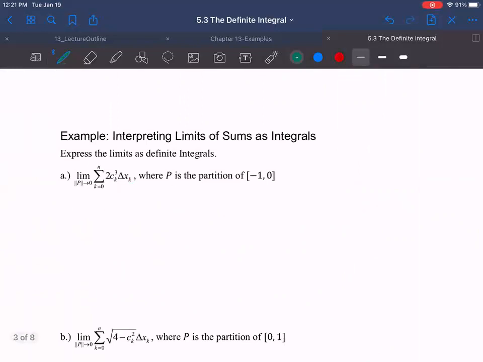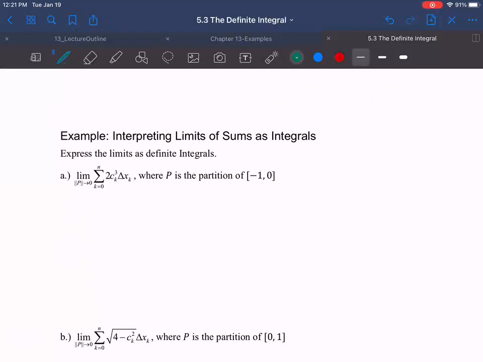All right, let's take a look over here. Interpreting limits of sums as integrals. So we want to express each one of these as a definite integral, rather than this summation. So if we look here, we're going from our norm of the partition, and we're summing it till it goes to 0.